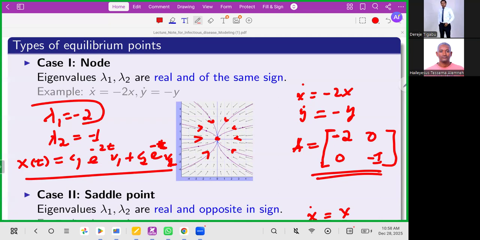So depending on this general solution, we can find the phase portrait of the equilibrium points.